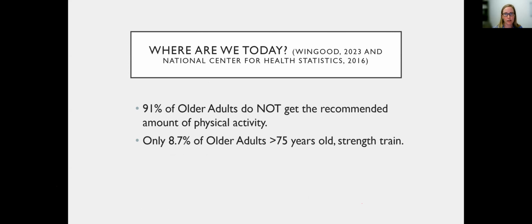So just to emphasize where we're at today, this looks at some of the statistics of how much activity our older adults are actually getting, and 91% of them do not get the recommended amount of physical activity. And when we look at strength training, only 8.7% of older adults over 75 do any sort of strength training.